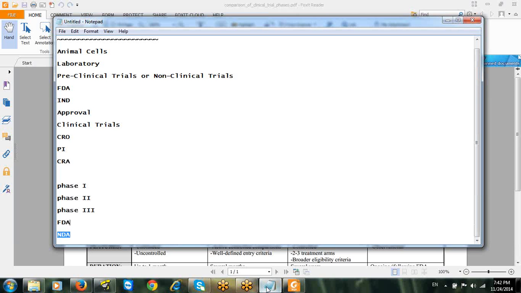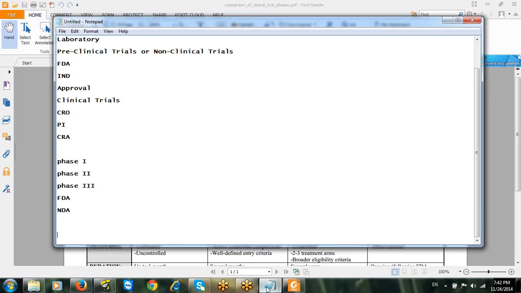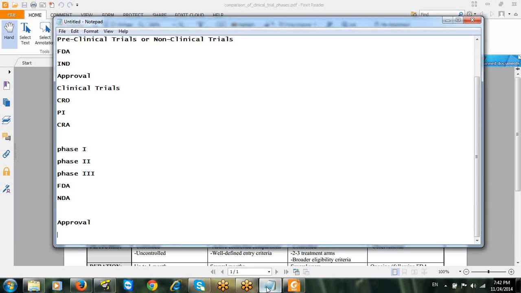Now, the FDA will review the new drug application, and if it is satisfied, then it will give the approval to release the drug or to market the drug.